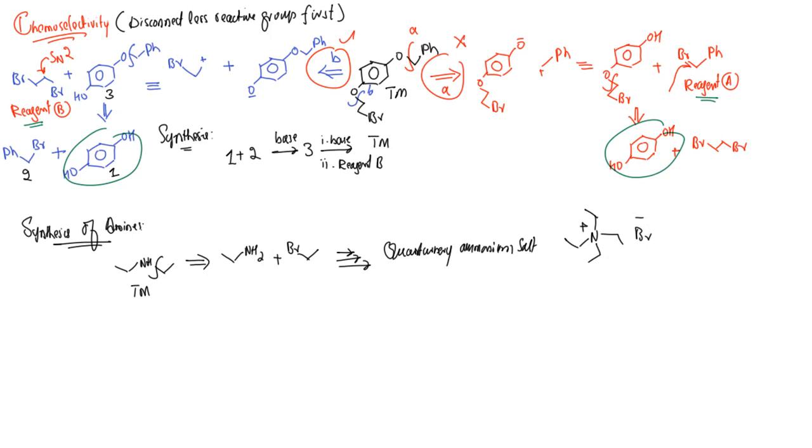In order to avoid this problem of chemoselectivity, we usually go via reductive amination, or imine formation, or we can choose the route of oxime formation.